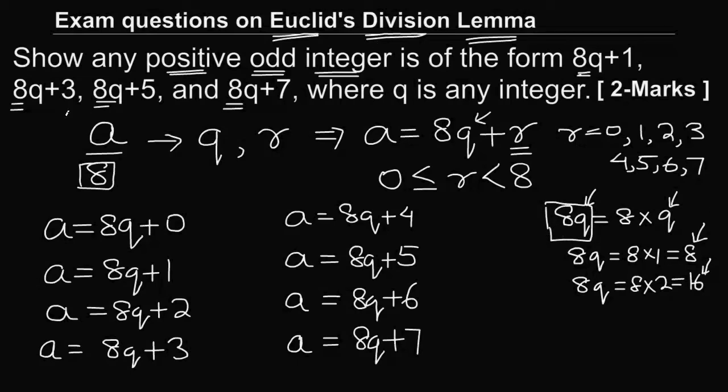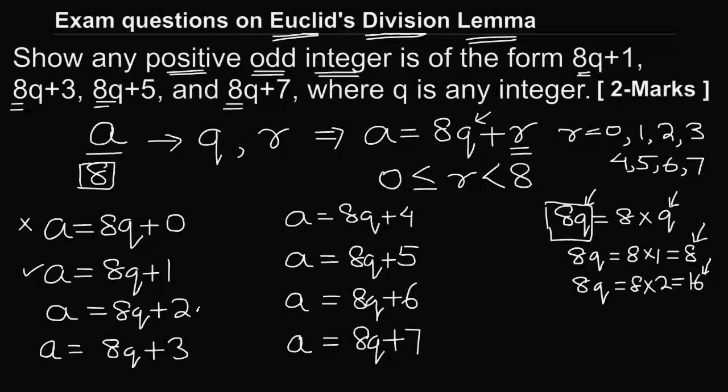Now remember what we started off with. We assumed a to be a positive odd integer. So let's look at these 8 expressions and see which ones will give us a as a positive odd integer. 8q is even, so 8q cannot be equal to a, so this does not work. 8q plus 1: an even number plus an odd number is odd, so this will be true.